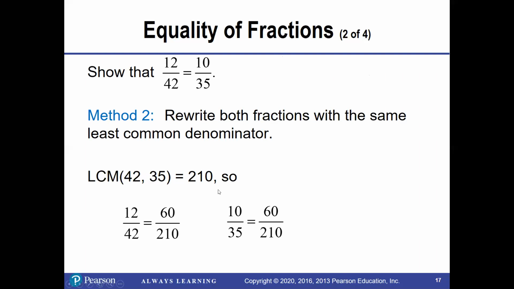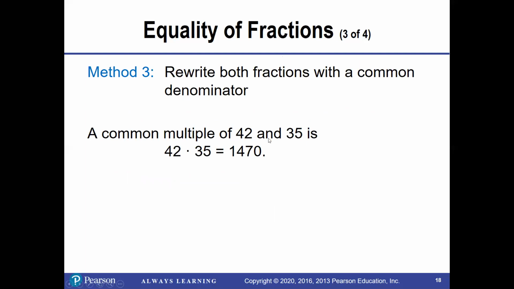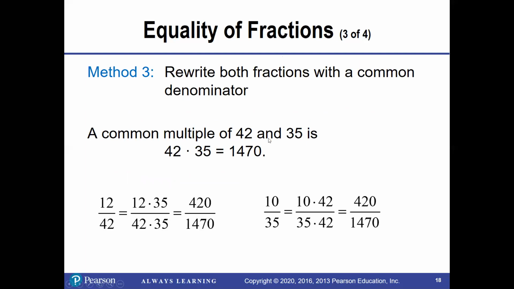Okay. Third method, rewrite both fractions with a common denominator. Okay. Now, this one, common denominator, common multiple at 1470, definitely not the best way to do things, but it does work. Easiest way to do that is multiply both denominators together.